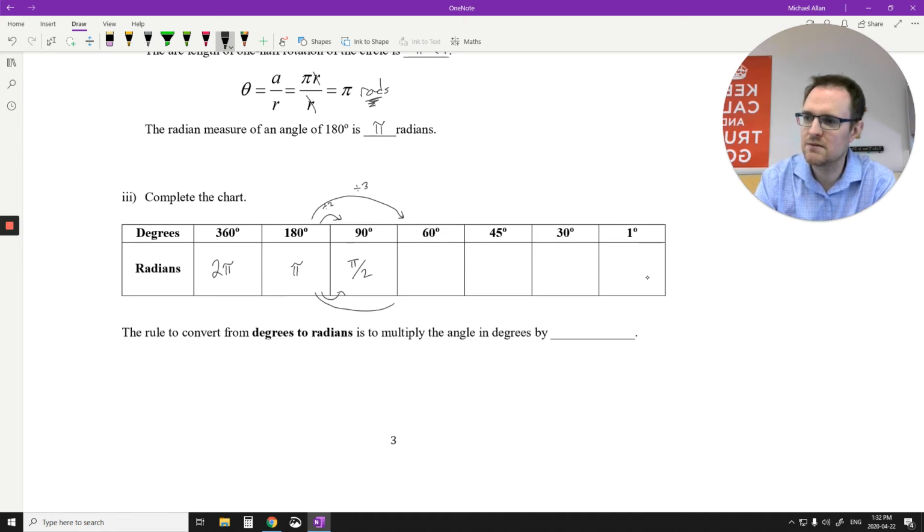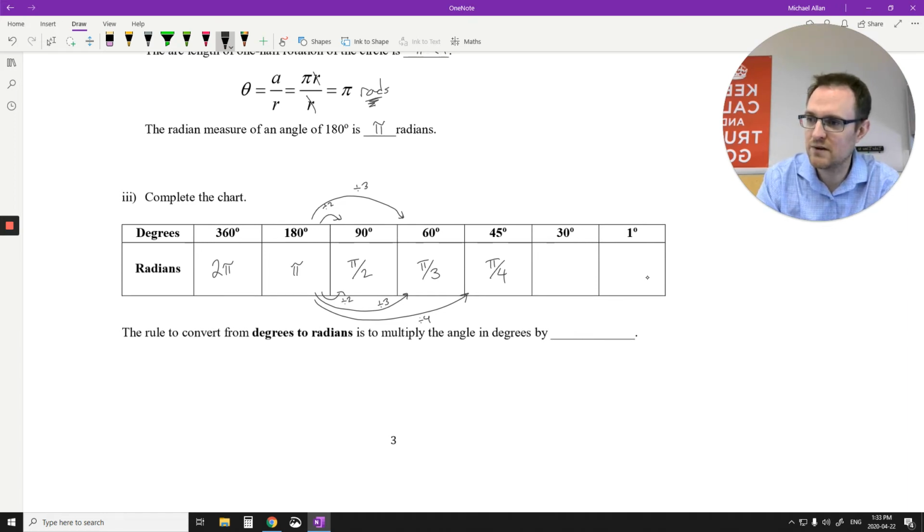So I'm going to divide by 3 to get to this point here. You can keep on going, like how to go from 180 to 45. 180 to 45 is a divide by 4. So I would divide by 4 to get to this point.